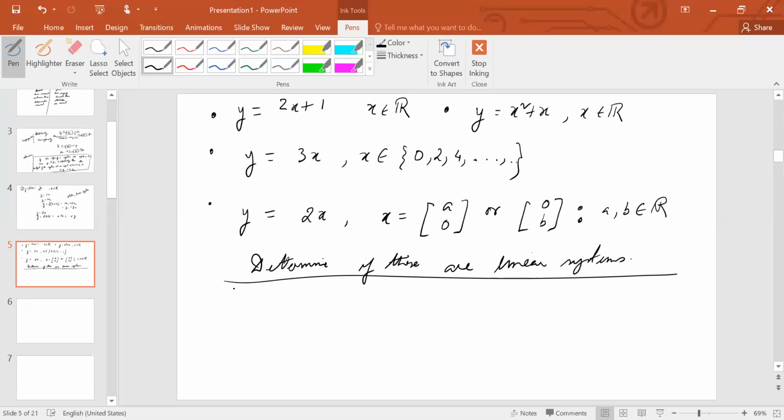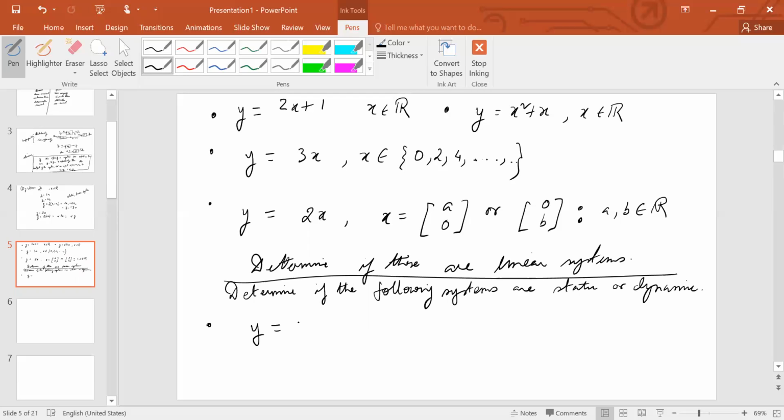The second exercise is determine if the following systems are static or dynamic. So what do you need to do in order to check for these? I'll consider one example and I'll show you what you need to do.